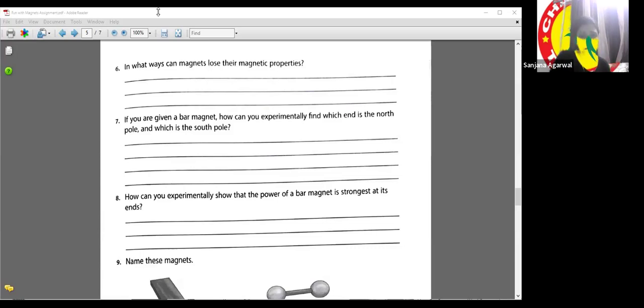Not received any answer. Are you not able to find how we can tell its North and South Pole? You are given a bar magnet and you have to tell by any experimentation which one is the North and which one is the South. Okay, Harshal, complete your answer.